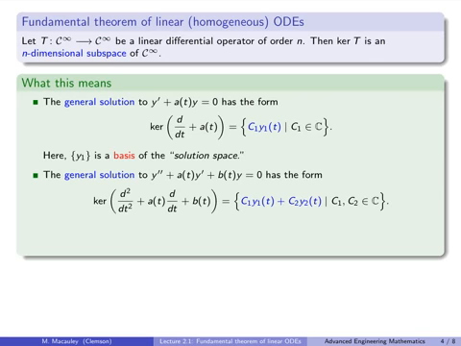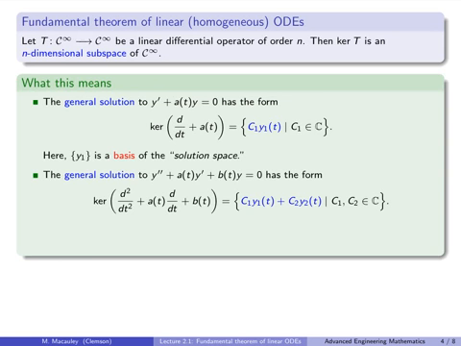is just the kernel of the corresponding linear differential operator, d squared over dt squared plus a of t d/dt plus b of t. By the fundamental theorem, that is a two-dimensional subspace, which means it has a basis consisting of exactly two elements. Remember that the dimension of a subspace is equal to the number of elements in its basis.